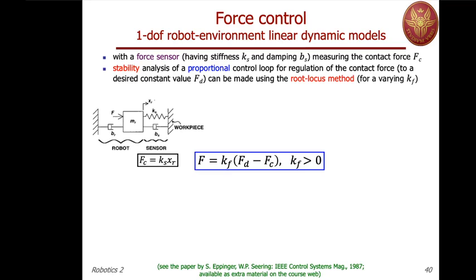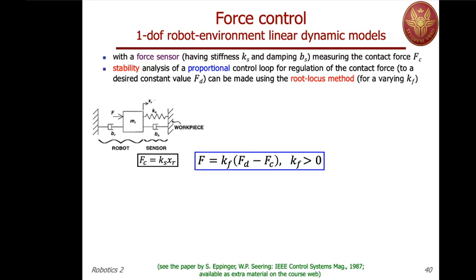Now, people have seen that if you use this type of model, you may or may not capture some phenomena that occur in experiments when you're trying to control the force in contact.